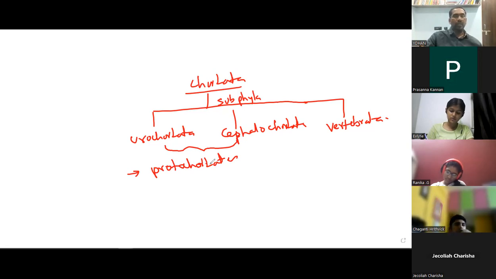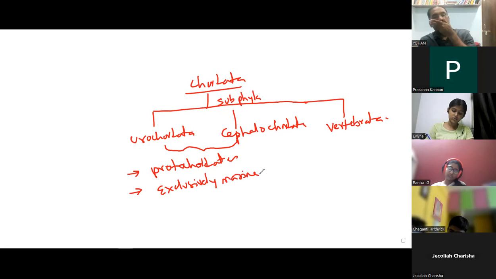Both groups are exclusively marine. Very, very important. Protochordates means first or primitive chordates, and all are exclusively marine.